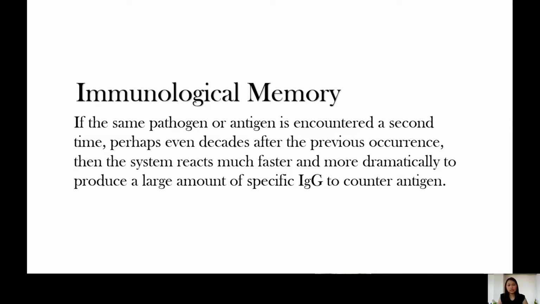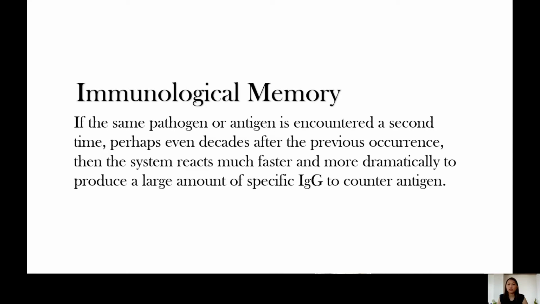This means that if the same pathogen or antigen is encountered a second time or a third time or a fourth time, even if the period of time is long, for example, you were exposed to that specific pathogen when you were a baby, and then when you were 10 years old or 20 or 30 or 60 years old, even if it's after decades, our immune system can still recognize that pathogen.